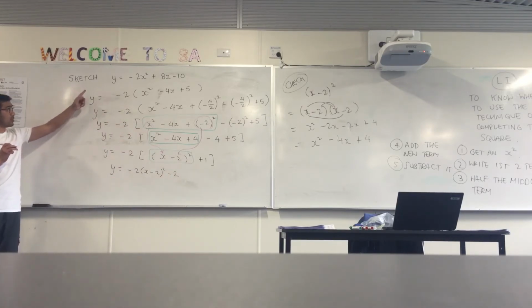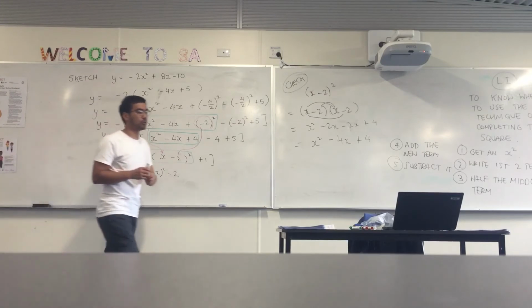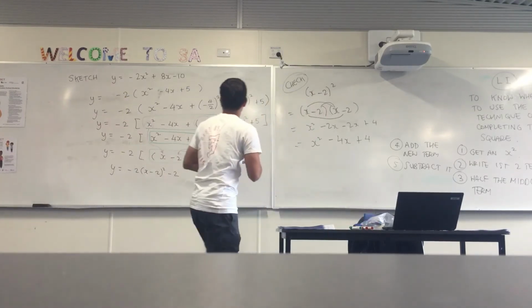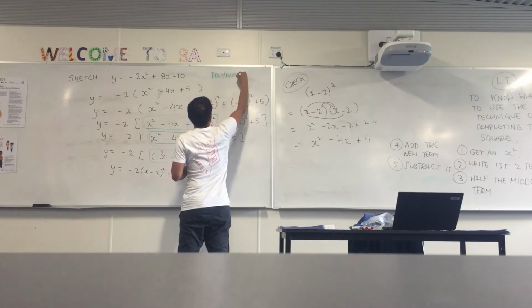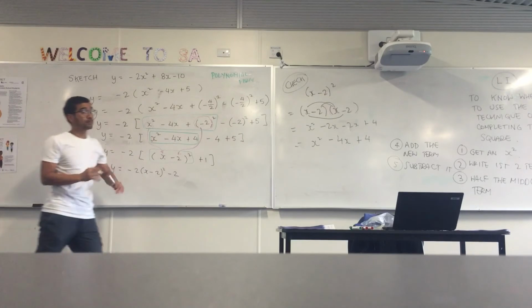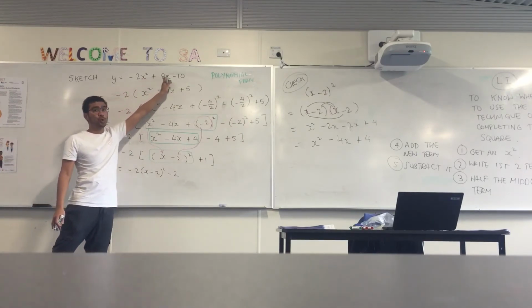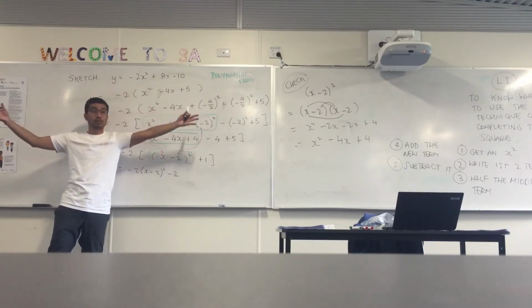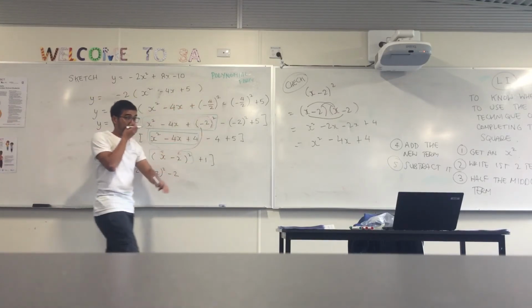What's the advantage? This equation up here is what we call polynomial form. That's on 3F. Polynomial form, where you have x to the power of 2 and it's all without brackets.